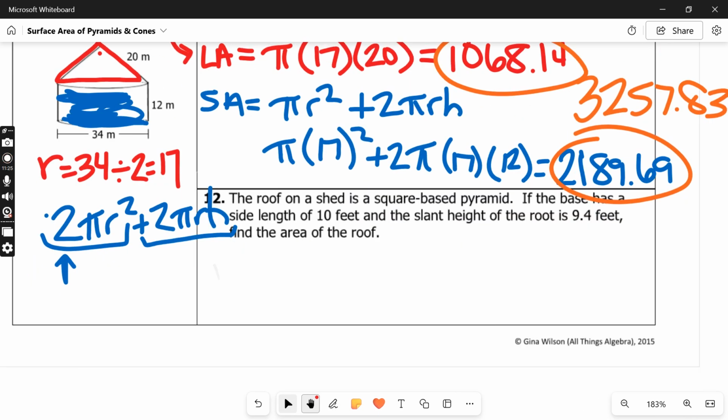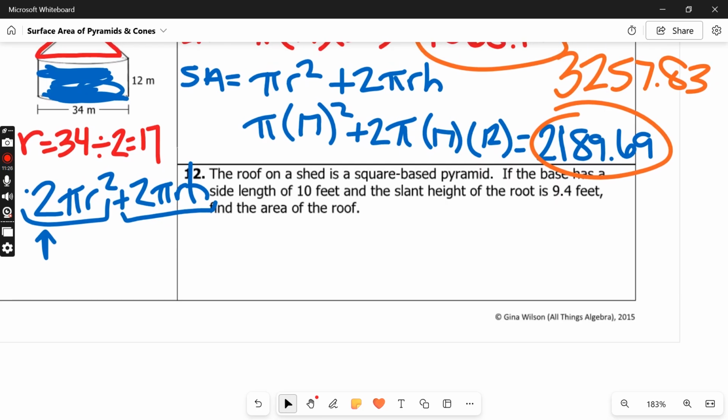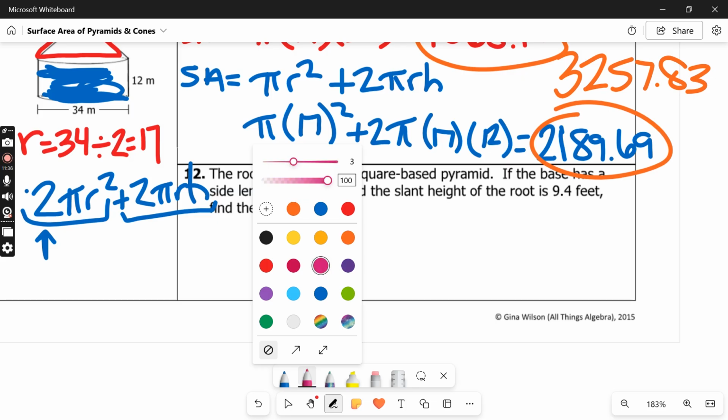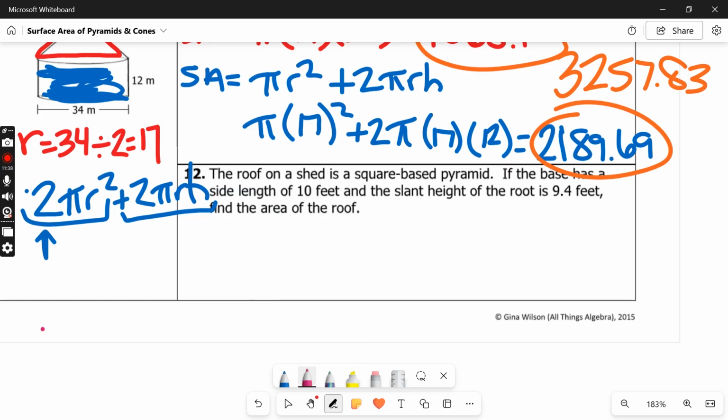All right, last one. The roof of a shed is a square-based pyramid. So it's a square pyramid, so think about like 1, 2, and 3 on the front of this paper. If the base has a side length of 10 and the slant height of the roof is 9.4, find the area of the roof.